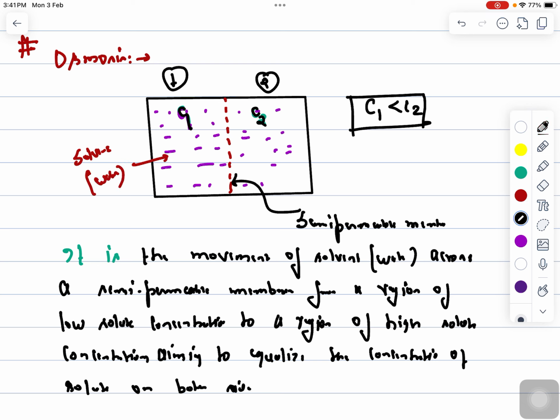So what will happen? The water molecules will start moving from this side to this side through the semi-permeable membrane, and they will keep moving until the concentration of solute on both sides gets equalized, right? So this process is called osmosis.